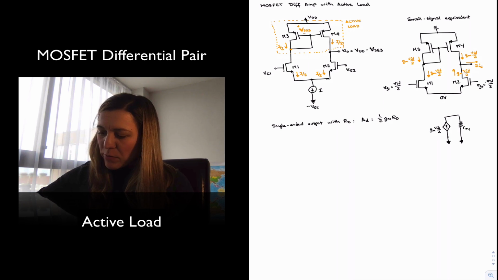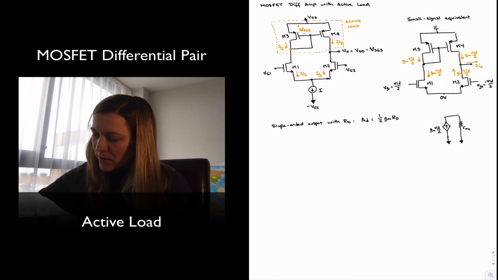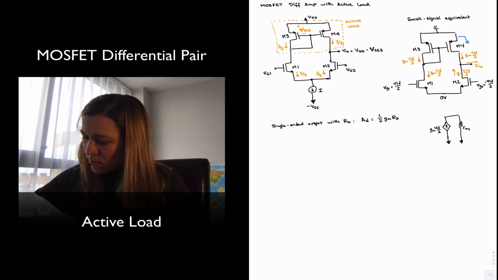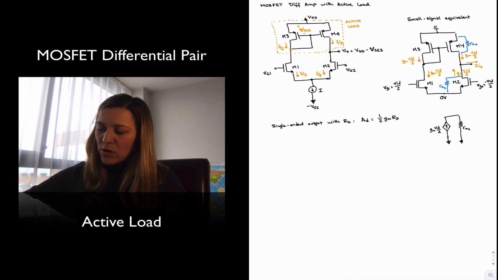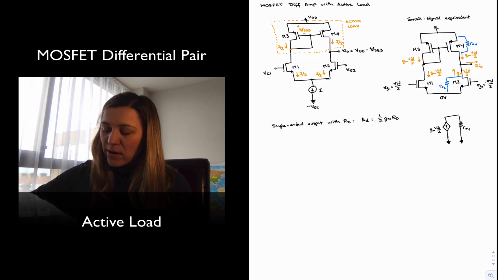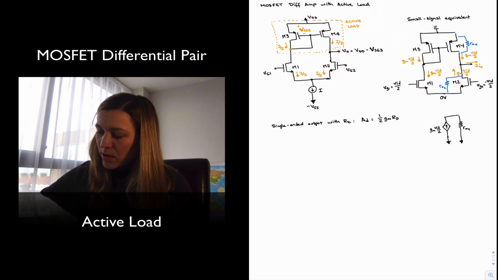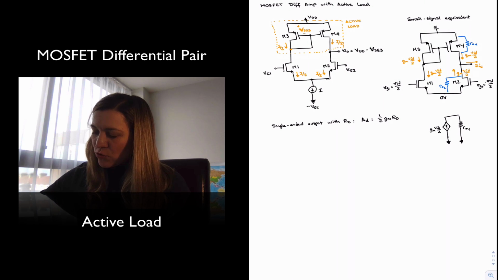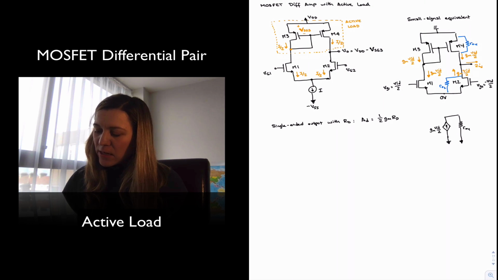Or if I wanted to represent it in my figure up there, we did something like that, right? This will be Rout 4. This will be Rout 2. So they're both connected between the output node and the ground. And my M2 transistor can be represented as a current source, which is also flowing away from ground.